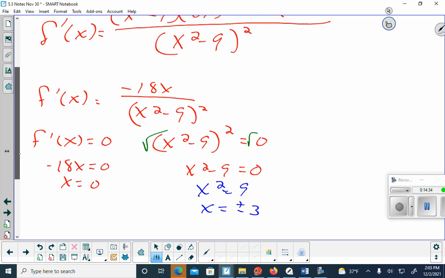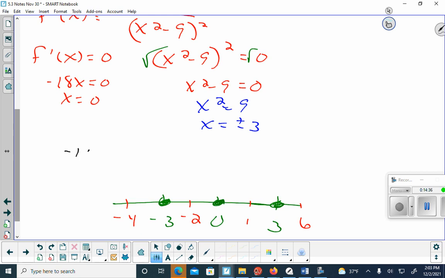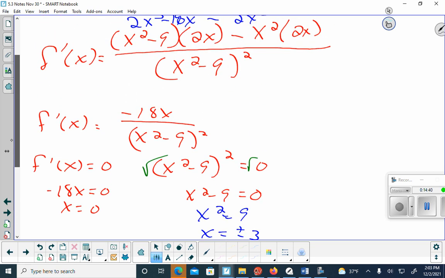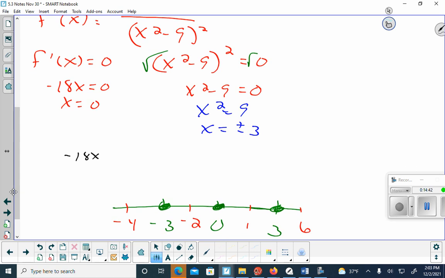All right, negative 18x, yes. And then x squared minus 9, but it's squared, is it not? So do we want to cheat?